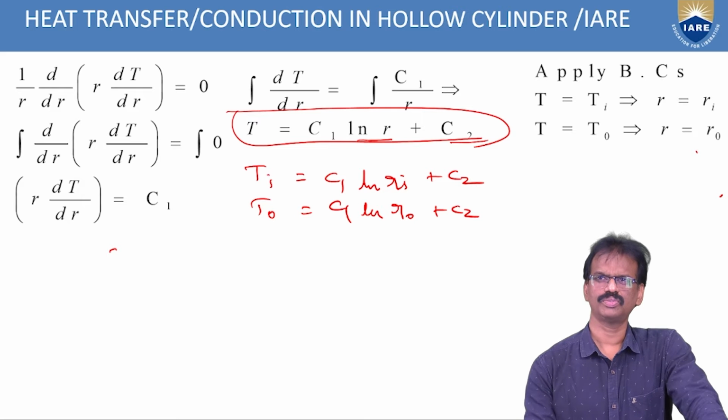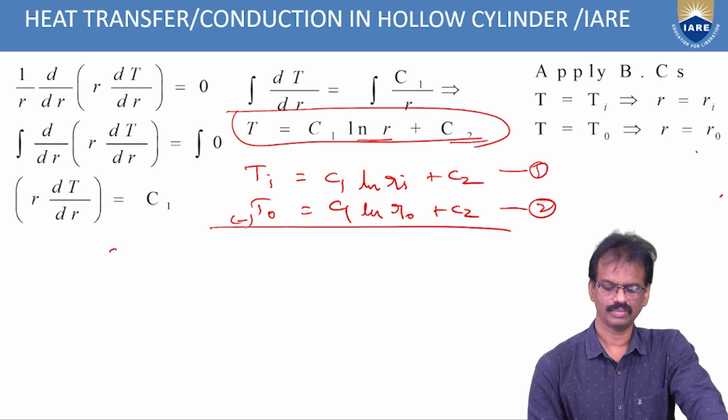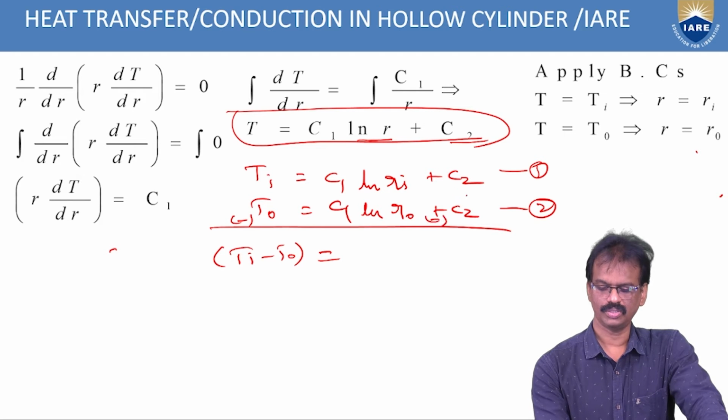From which, if you subtract equation 2 from equation 1, then Ti minus T naught is equal to C1 ln Ri minus C1 ln R naught, so C2 minus C2 will be cancelled. Then C1 is the common term, which you can take common.